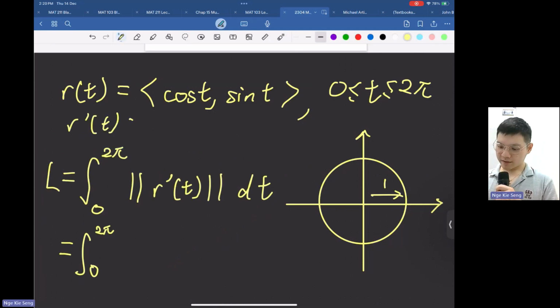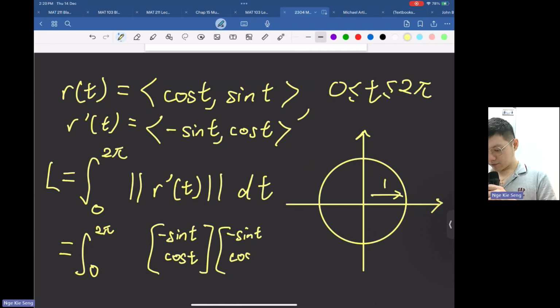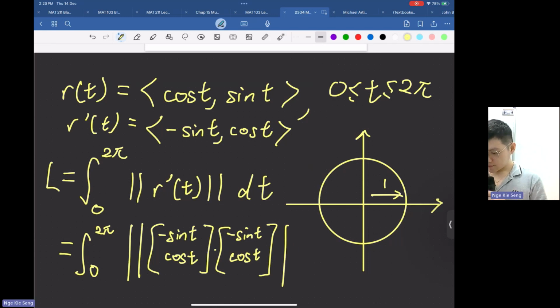r prime(t) is minus sin t, cos t. Good. So I dot these two vectors together. You can write it as a column vector or row vector, as you like, but because I'm more algebra, I like this.